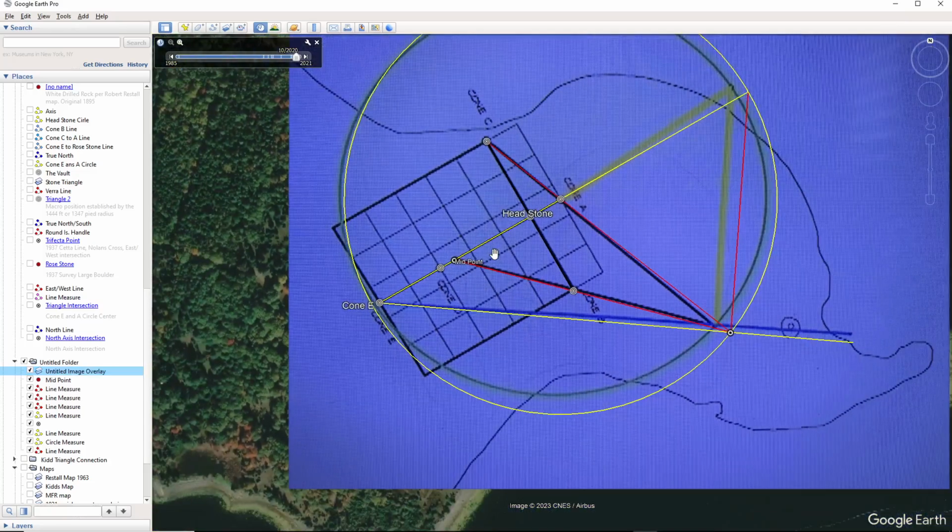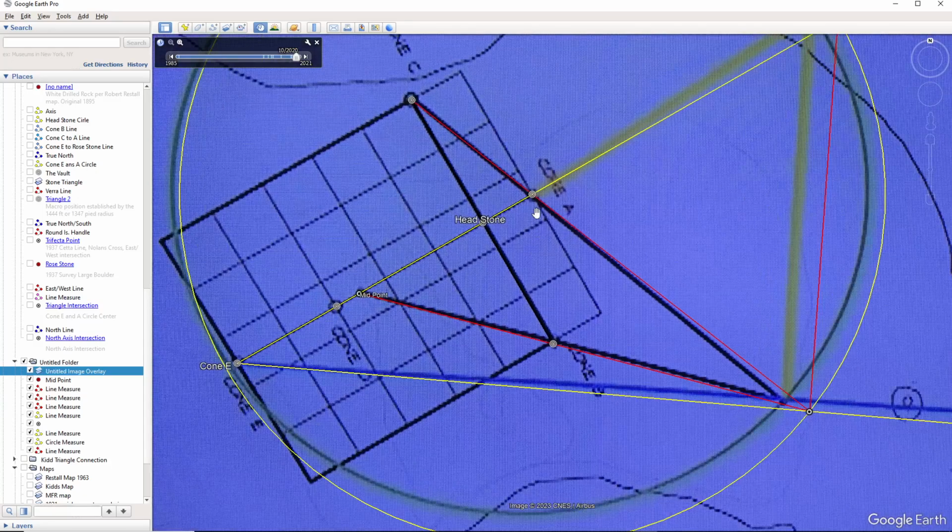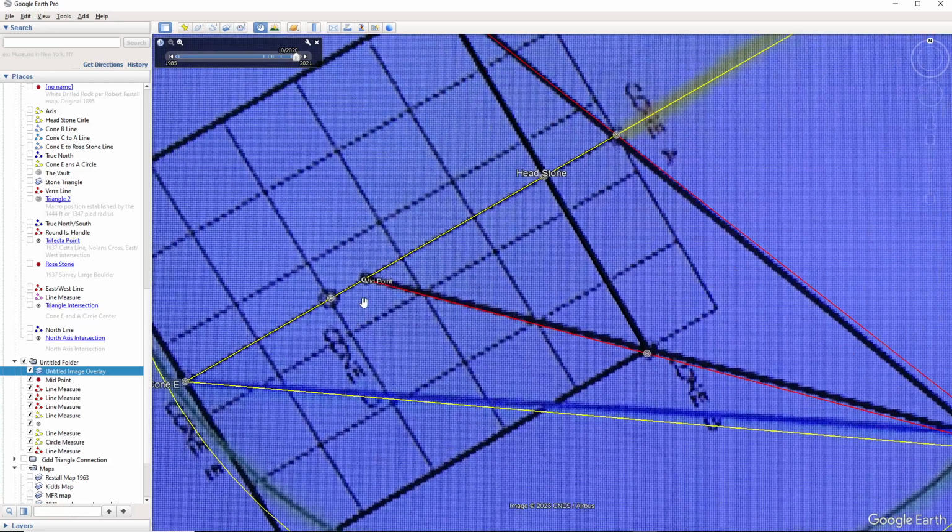But here is his geometry. It looks like a grid that is 145 by 6 by 5, and it looks like he's taken the 145-foot squares, the 5 by 5, and he's found the center point of this grid.